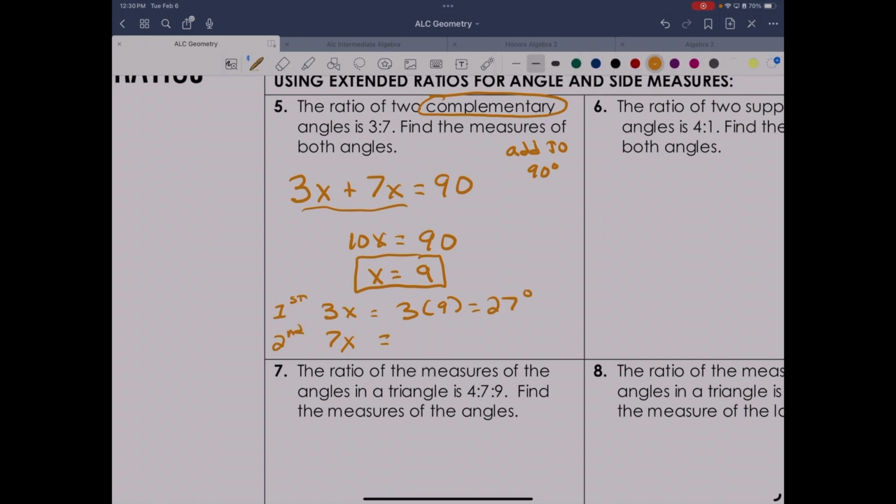So we're going to take 7 times 9 and get 63 degrees. So those are the measures of our two angles. It's 27 to 63. So if I wrote 27 over 63 as a ratio and reduced it, I'm going to get 3/7. That's what it's going to reduce down to. This is allowing us to do that because it's complementary, so we know they have to add up to 90.